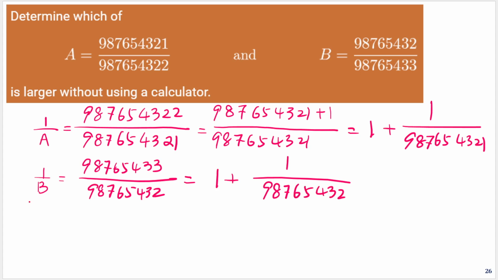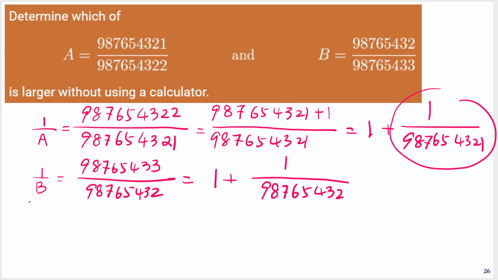And apparently this number is smaller than this number, right? Because when the denominator is a positive number and is larger than this one, then this number is actually smaller. Therefore, we have 1 over A is actually smaller than 1 over B, right? And we know we can multiply both sides using the product of A and B, which is a positive number.